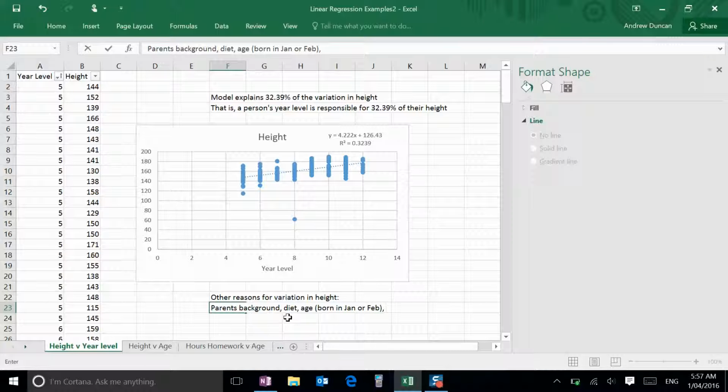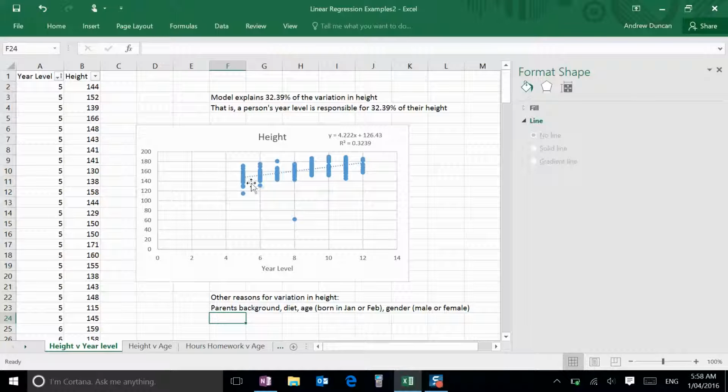It could be hormones. It could be gender, male or female. We don't have any information about any of those things. All we're looking at is how the year level explains their height. And it doesn't do it particularly well. It only explains 32.39% of the variation in the data.